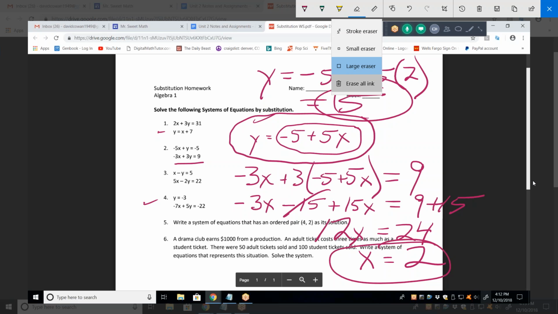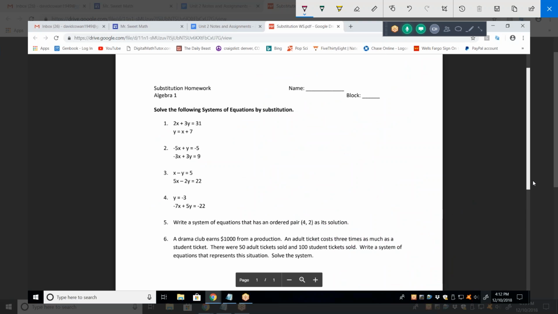Let's do another one. You pick. 3. Okay. How am I going to begin this one? Choose whichever equation you want to use to solve for y. Notice that this one's a little easier to solve for x if I use the first equation, is it not? Yeah, it is.